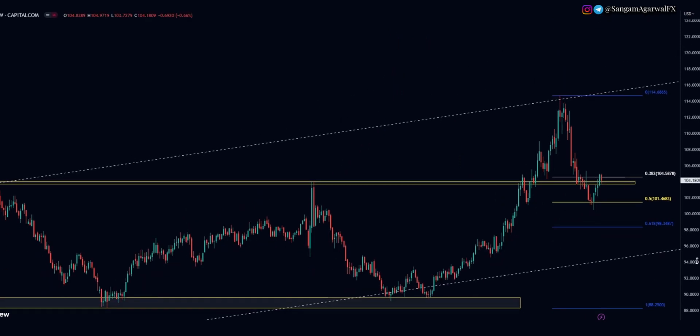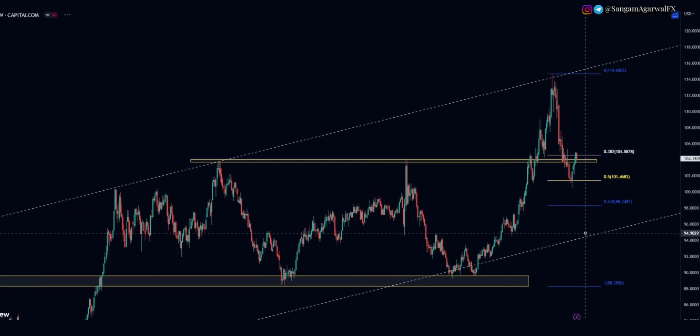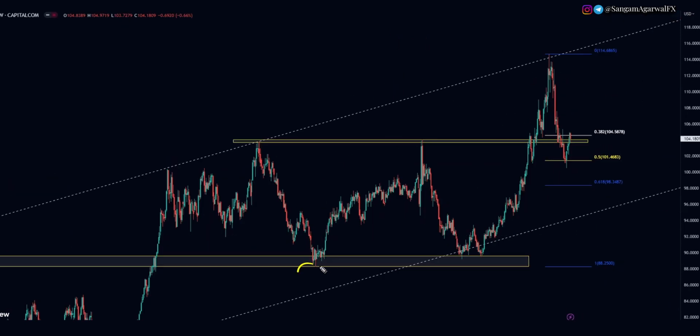Fib weekly time frame. Then from this bottom to top, the 61% retracement at 98 is our next support level when price will make a new lower low. So 104 is key resistance on the weekly time frame, and 98 is the next downside target on this weekly time frame.